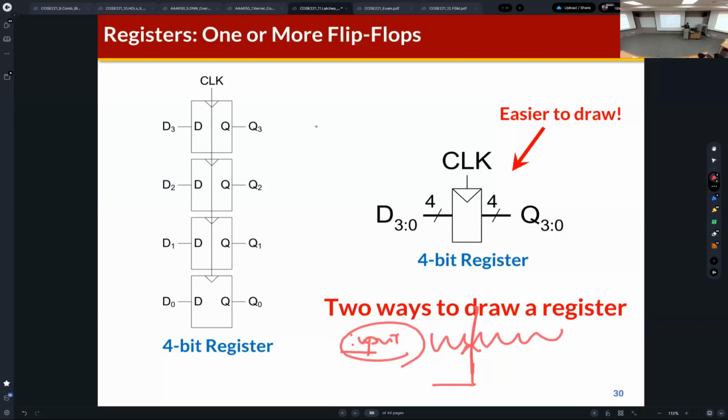Which means using D flip-flops, we can control flows of signals. That's why the D flip-flop is a very critical module in the digital system. We frequently use this D flip-flop.